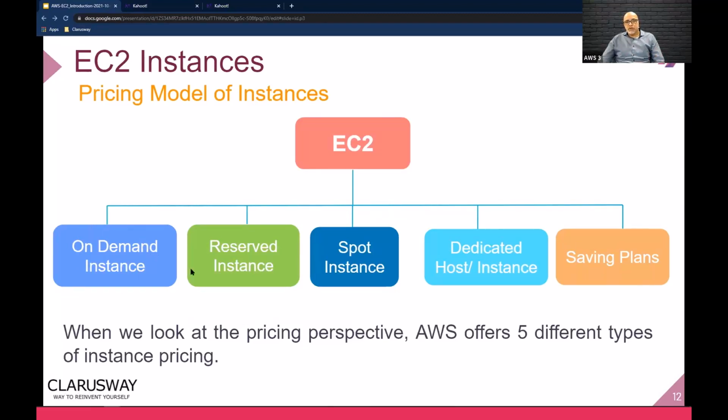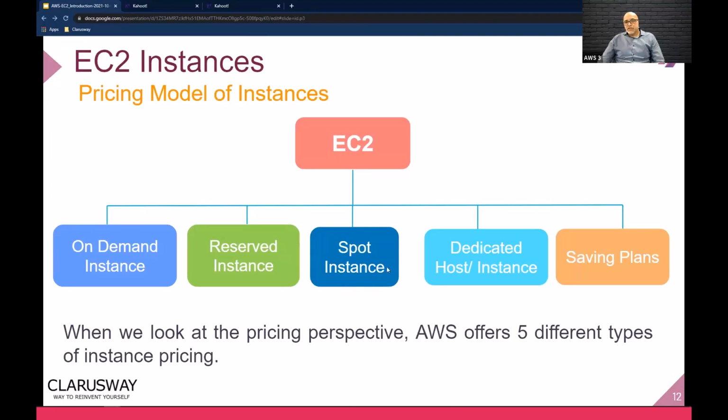You pay for what you use. You can also get reserved instances. You can say, I know I'm going to be using this server for the entire year, so why do I want to pay per hour pricing when I can get a discount if I commit to 1 year or 3 years? So you can reserve an instance, and you get a much lower price.